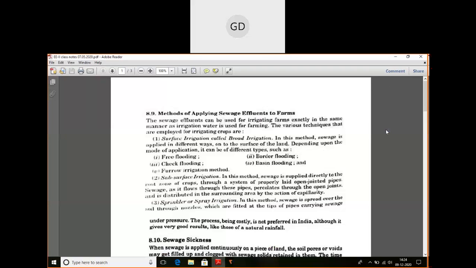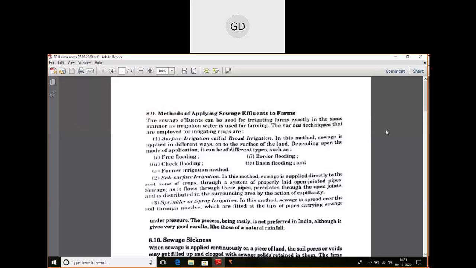Sewage effluents can be used for irrigating the crops, as we just discussed. They can be used for irrigating the farms in exactly the same way irrigation water is used for farming. It is the same process, but there are various techniques adopted for irrigating the crops.